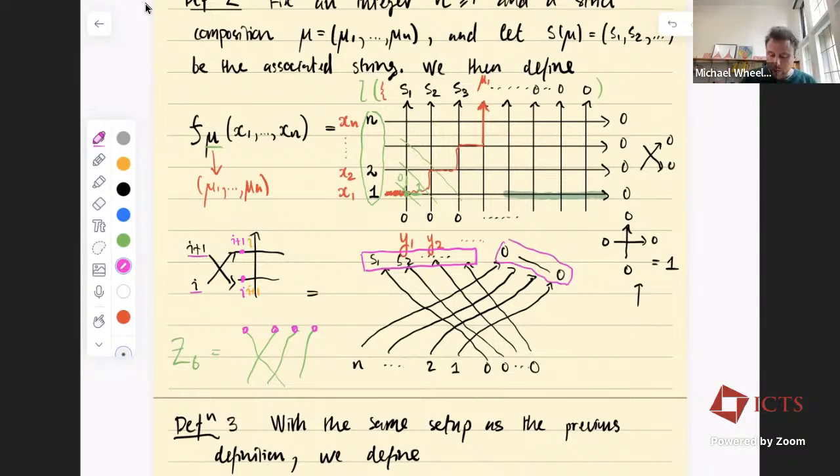So the reason why it ends up working is you consider a truncated version of the f here. So I take a string which is finite now, say going from S1 up to, I don't know, SP, for example. So I have my colors that are supposed to exit here.